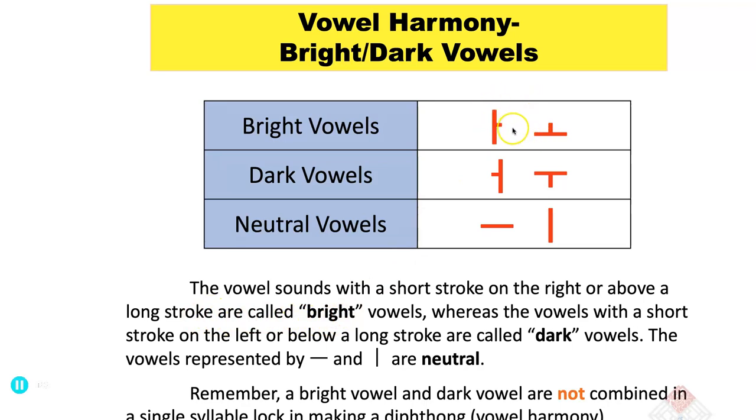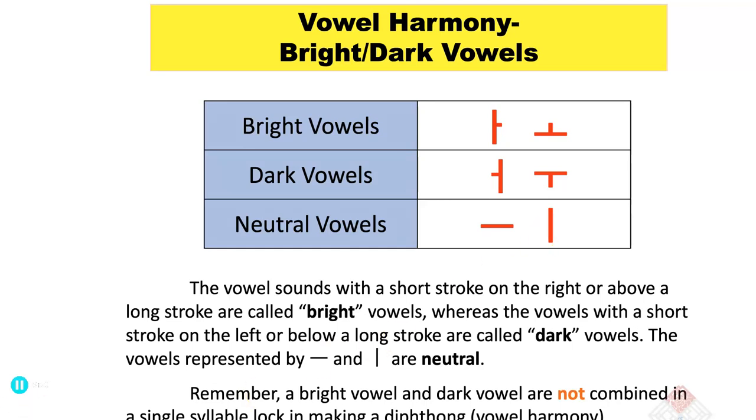So these are examples of bright vowels. The R sound and O sound are bright vowels, whereas the vowels with a short stroke on the left side, like the O sound, or below a long stroke, like the U sound, are called dark vowels. So these are examples of dark vowels.